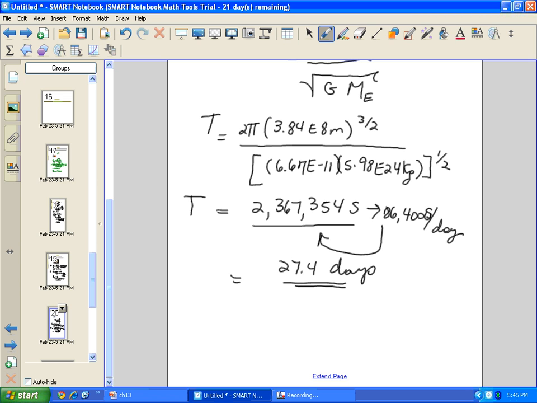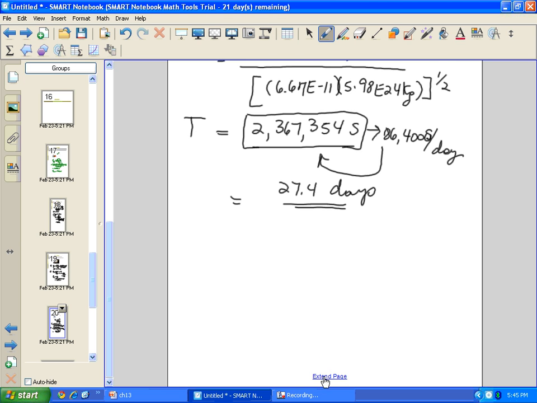That, in fact, is what is known as the sidereal, or the true orbital period of the moon about the Earth. But of course, days is not an SI unit, so in the SI system, the answer would be given in seconds. Now, as I promised you, where did this expression come from?